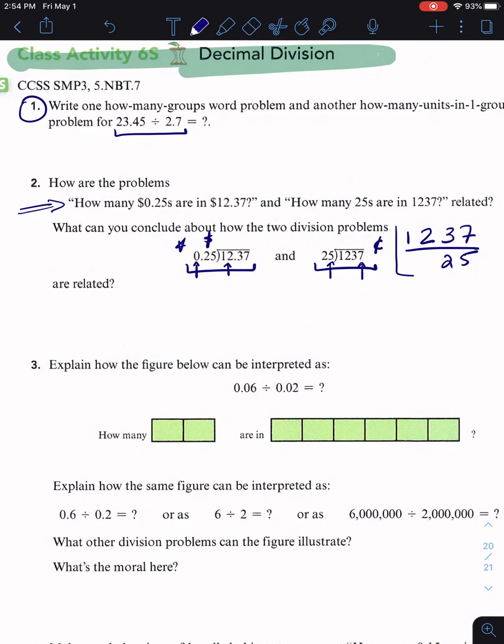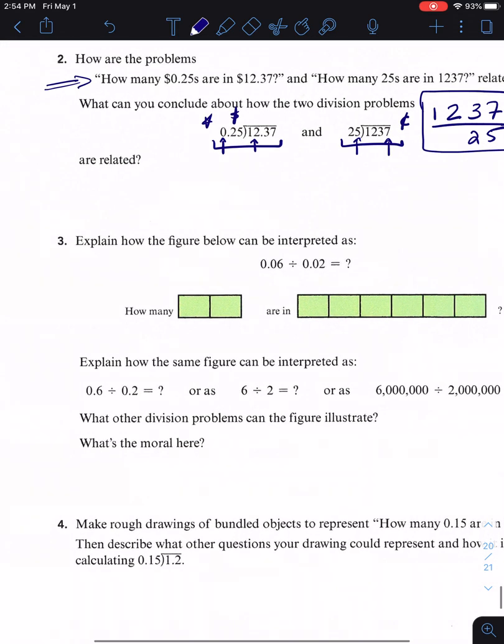As long as the place value relationship is the same, then it doesn't matter what that place value is, right? Because in this situation, we're either counting in dollars or counting in cents. The answer is going to be the same, whether you're counting quarters as a quarter of a dollar or you're counting 25 cents and your sum is in cents.